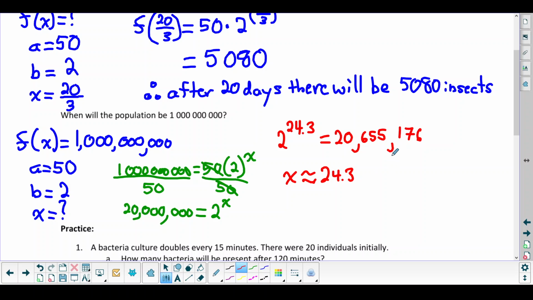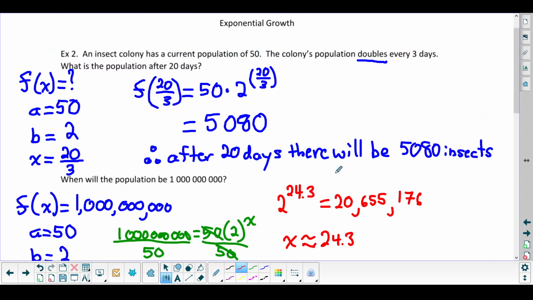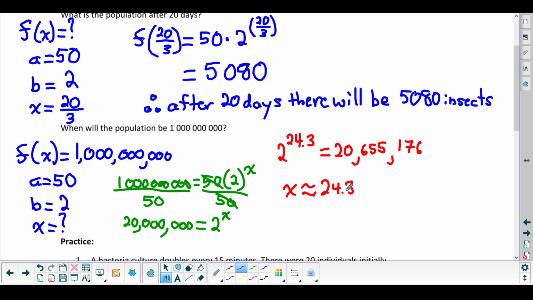Okay, so let's think. Did we answer the question? When will the population be 1 billion? Well, x is 24.3, but that doesn't really tell us when. That tells us how many growths it's going to take, but we want to actually say how many days. Like we want a good unit of time. So we can look and remember that it takes 3 days for each of these to happen.